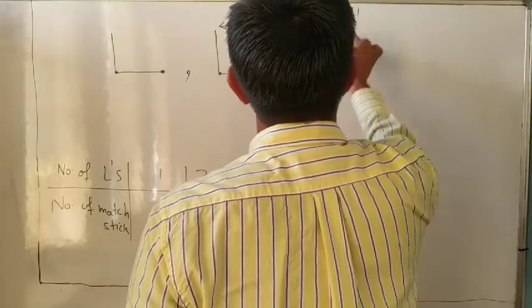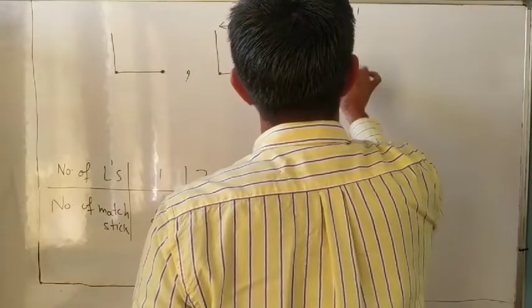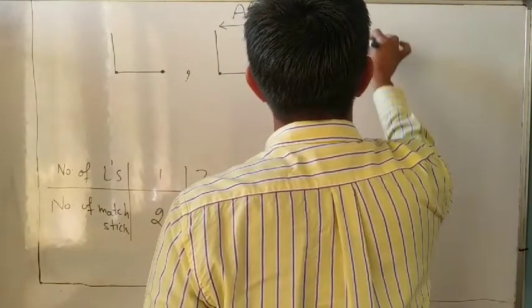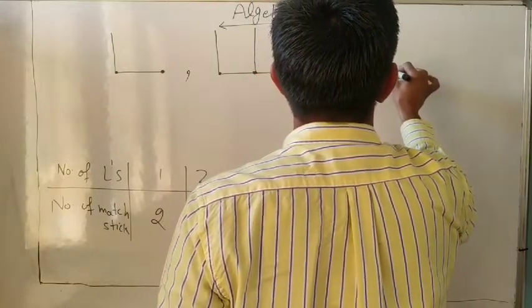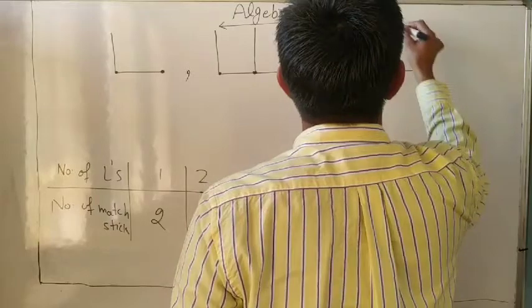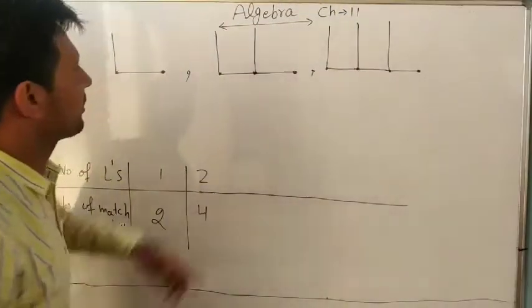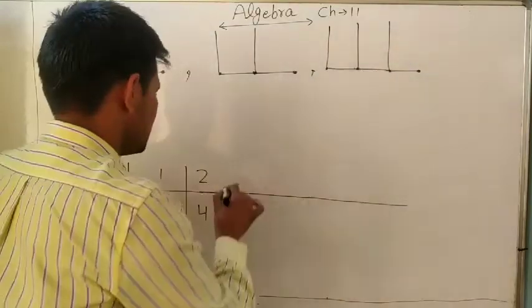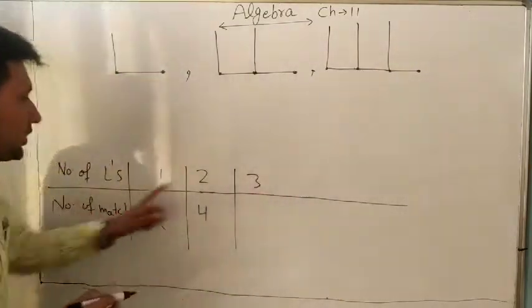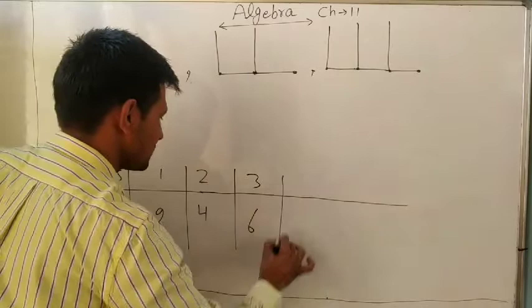Same as that, if you make 3 L's, how much matchstick is required? 1, 2, 3, 4, 5, 6. If the number of L's is 3, the matchsticks are 6.